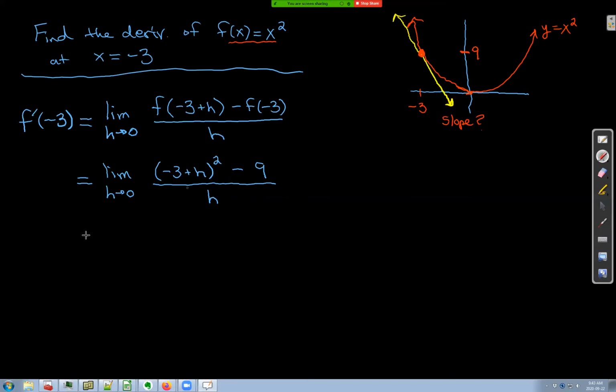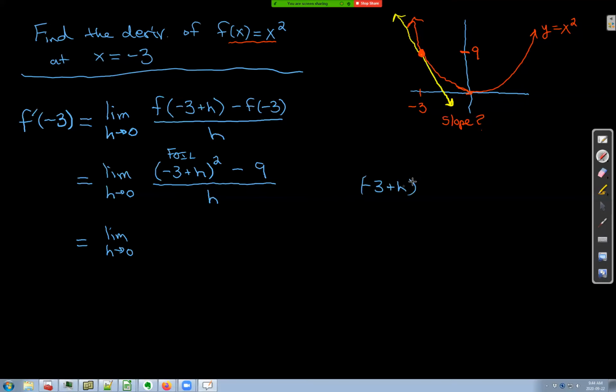Okay, so let's see now what we got here. Let's do FOIL on this, right? Because you got to do FOIL. So this is going to be the limit as h goes to 0 of, okay, so negative, because I hope it's making sense what I'm doing here. Let me write it off to the side here.